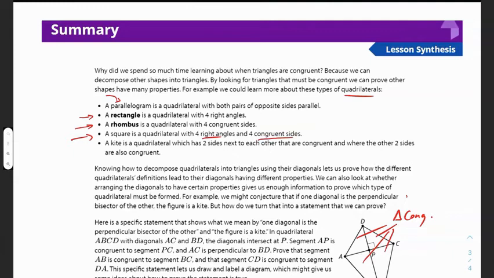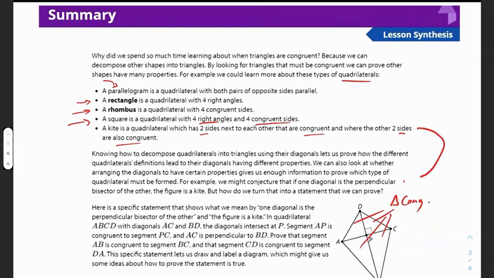So it's basically when a rectangle and a rhombus meet up, right? They pop out a square. Okay. A kite is a quadrilateral that has 2 sides next to each other that are congruent, where the other 2 sides are also congruent. So very much down below, okay, as an example.